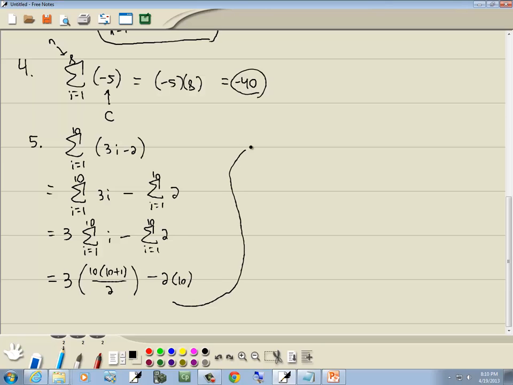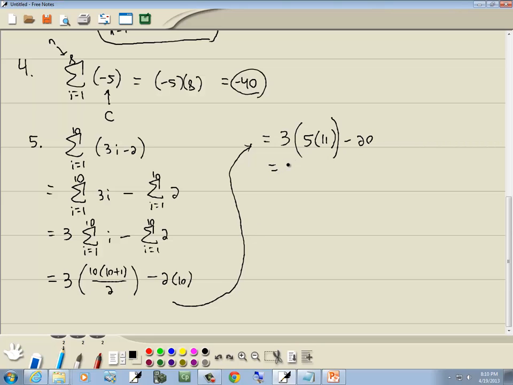Okay, so at this point, 10 divided by 2 gives us 5, and 10 plus 1 is 11. Minus 2 times, actually I had 3 is only times that. Then 2 times 10 is 20.